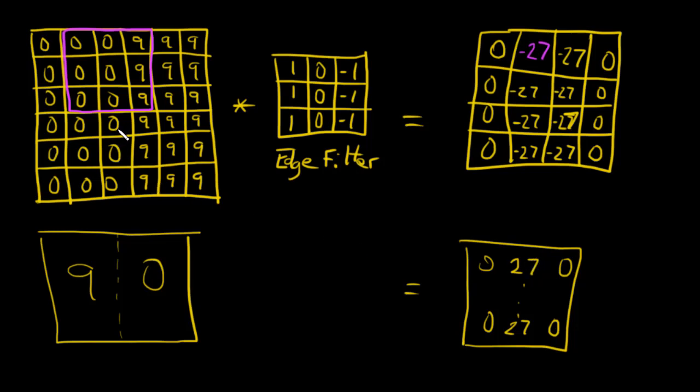And when I transition from black to white with the same edge filter, I get negative large values wherever that edge is. So a single edge filter, this column of ones, zeros, and negative ones, can actually tell where a vertical feature is, and it tells whether it was a transition from light to dark or dark to light. All of that with a single filter.